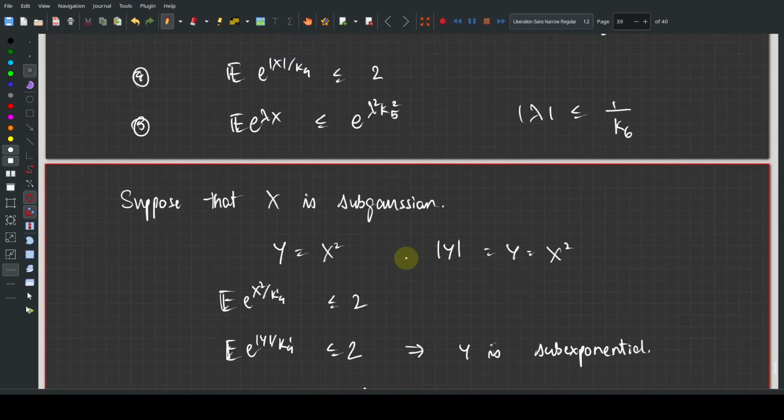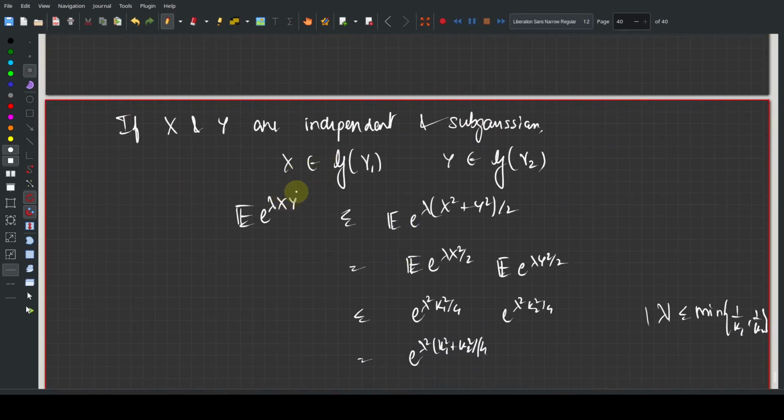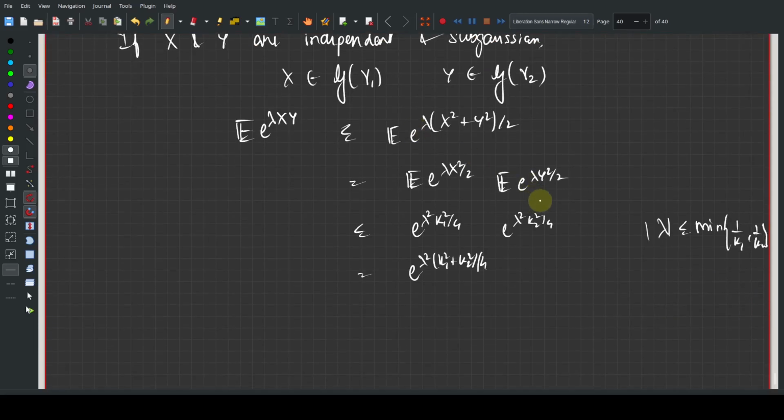Correct. So the expectation of e to the lambda xy is less than or equal to e to the lambda squared times some constant, as long as lambda is less than or equal to some other constant, which is strictly positive.